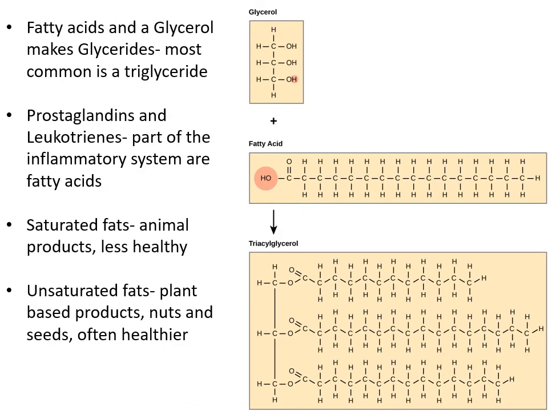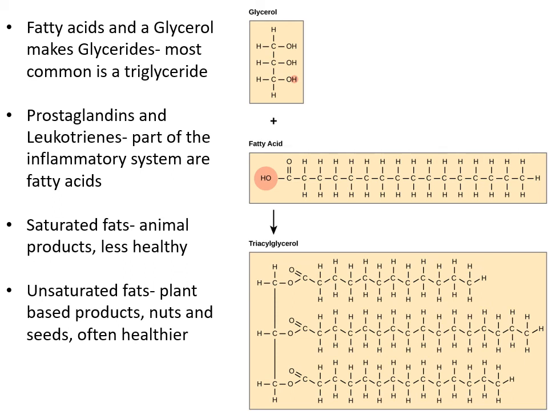Okay, so those long fatty acids and a glycerol group that attach make glycerides, right? And we saw in the image above monoglycerides, diglycerides, and triglycerides. And in the body, triglycerides are the most common, right?